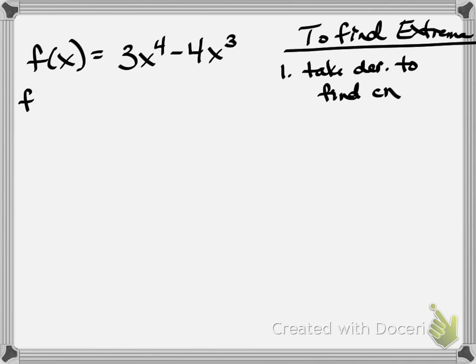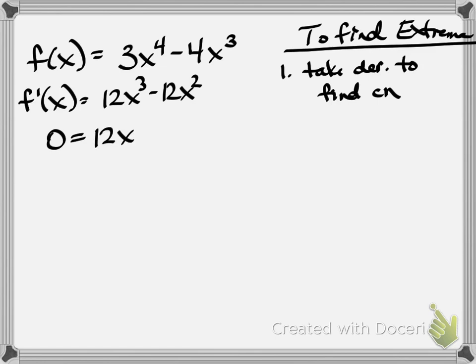Okay, so our derivative is 12x to the third minus 12x squared. Since it does not have a denominator, we don't have to worry about getting a fraction, so we'll just set the numerator equal to 0. And we want to solve by factoring.